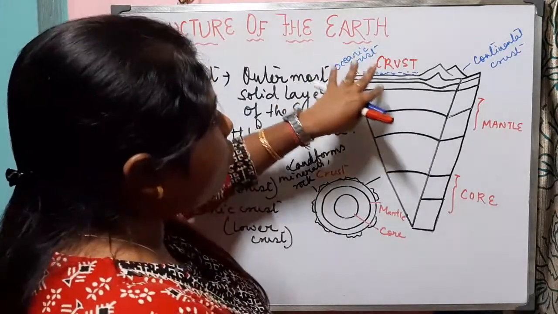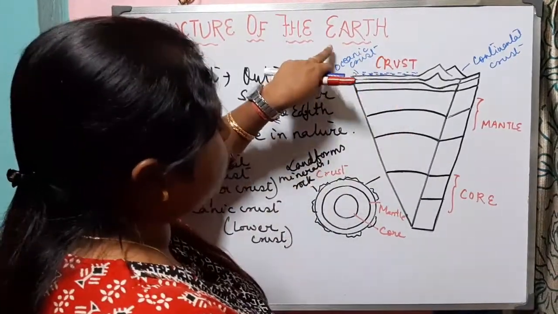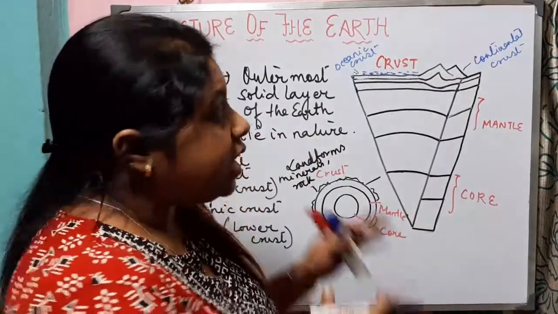Now the thickness of the crust varies under the oceanic and the continental crust. Now let us know what is the thickness of the crust.